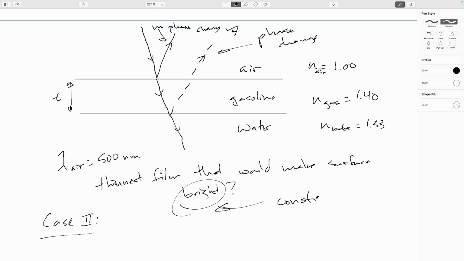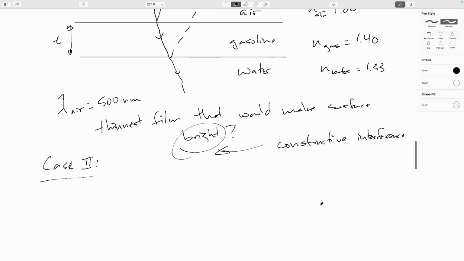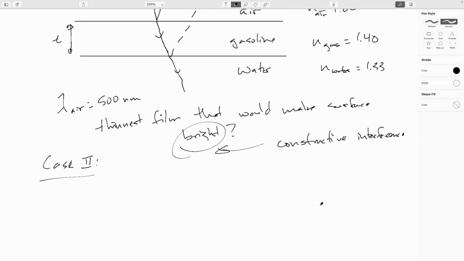And since they said we want to make this look bright, that is our code word that this is constructive interference. So in that case, the round trip distance will be m plus a half lambda over, now which index of refraction are we going to go for?